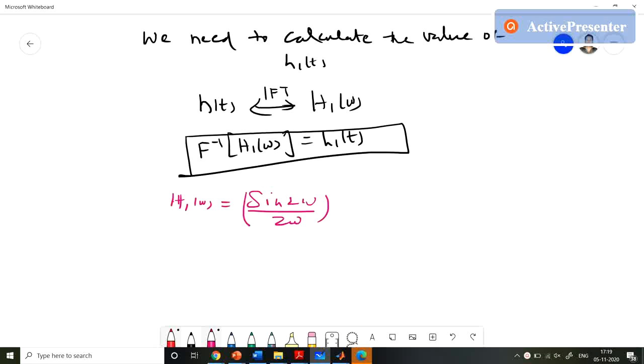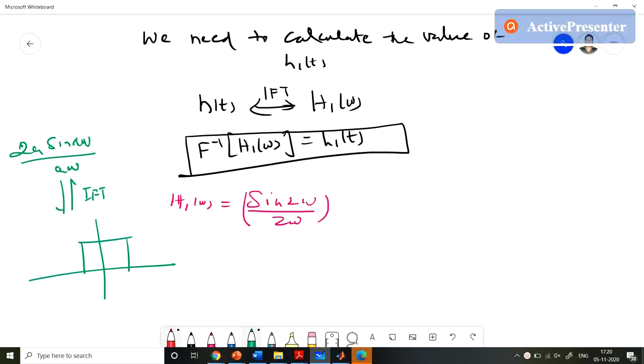Now we have a relation: 2a sine a omega divided by a omega. The inverse Fourier transform is simply a pulse from minus a to plus a, and that pulse has value 1.0. So this is the inverse Fourier transform.